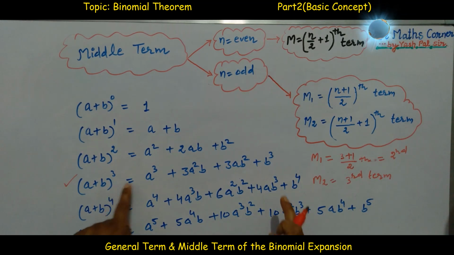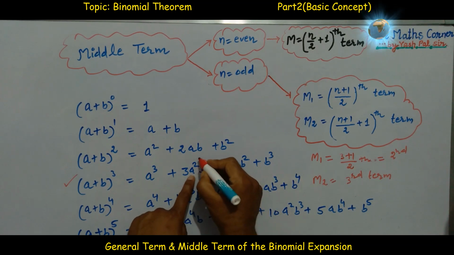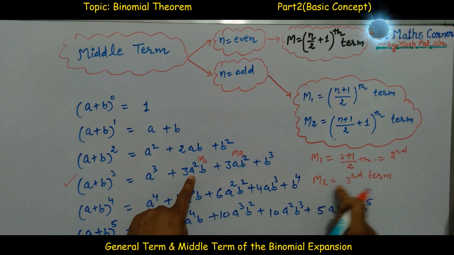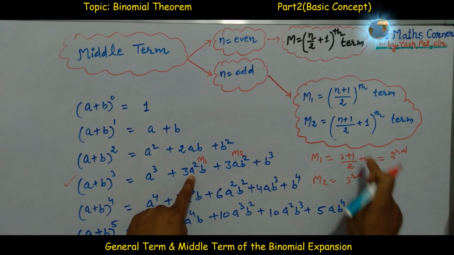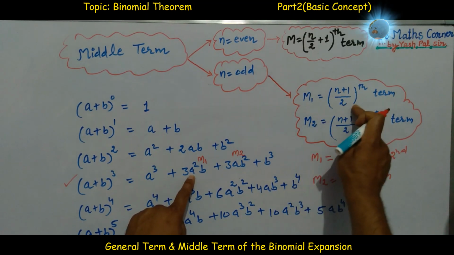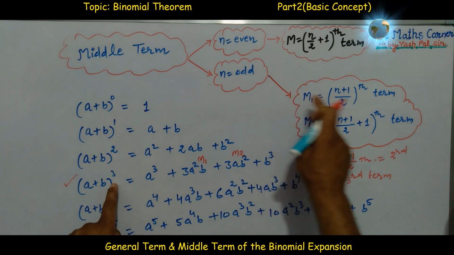Let us check first. So the second and third term, this is m1 and this is m2. So according to this, the formula is okay. So we can apply this formula to find the middle term when n is odd.